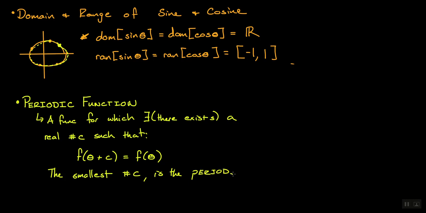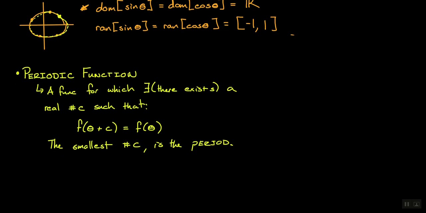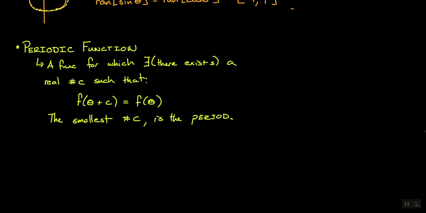I'm just going to say the period because we're talking about a function here. Now, if we go one step further, we're dealing with the nice functions right now. For sine and cosine, what's that smallest number that I can add to wind up at the exact same spot? 2 pi. We're going to make that observation, and that's an important one.